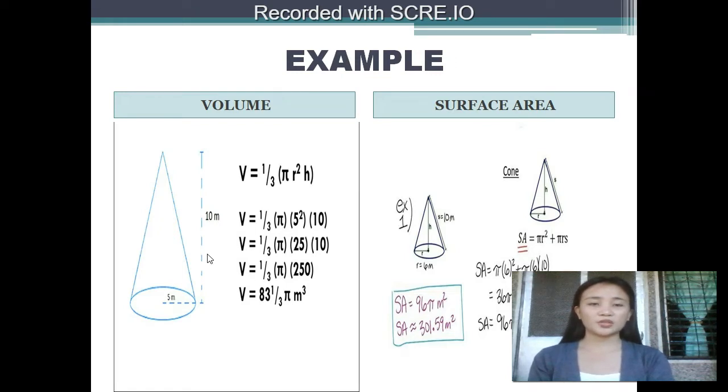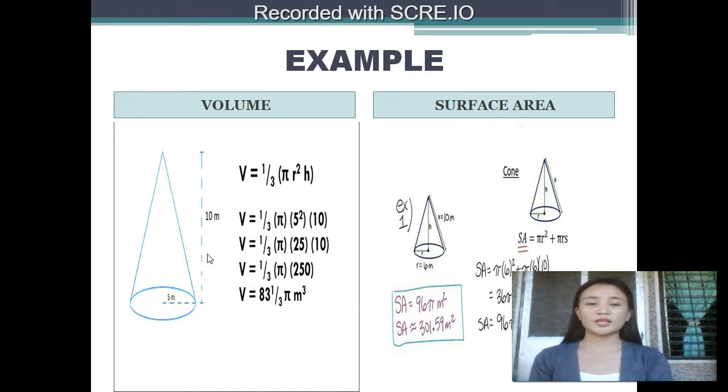So substitute, SA is equal to pi 6 squared plus pi 6 times 10, or the height of the slant, then is equal to 36 pi plus 60 pi. Then surface area is equal to 96 pi.